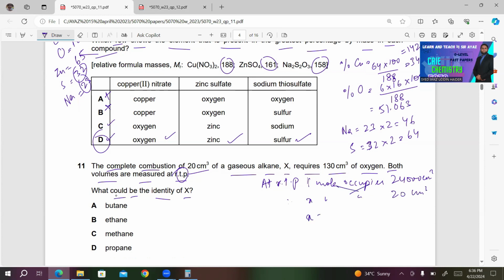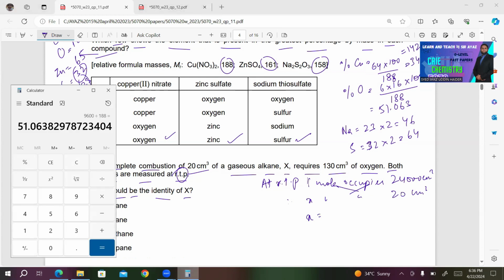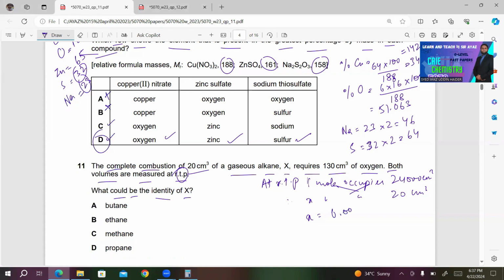So X will be 20 divided by 24,000. So we are getting 0.0008 moles for the alkane. What about the other one, oxygen?